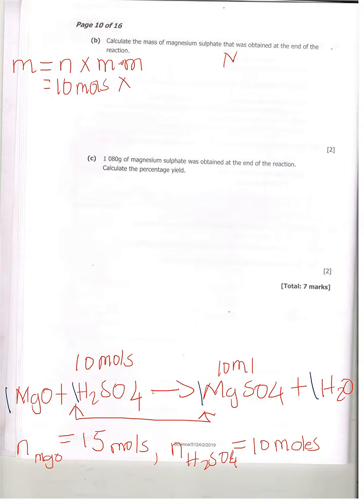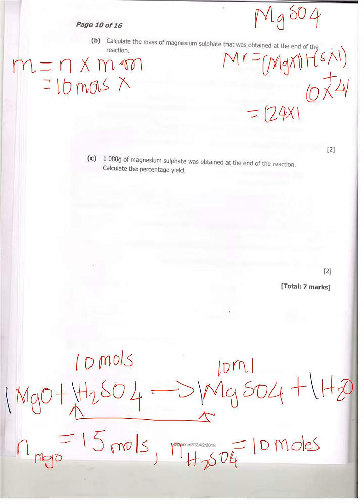So the molar mass for magnesium sulfate: we have 1 atom of magnesium, 1 atom of sulfur, plus 4 atoms of oxygen. So magnesium is 24 times 1, plus 32 times 1, plus 16 times 4.